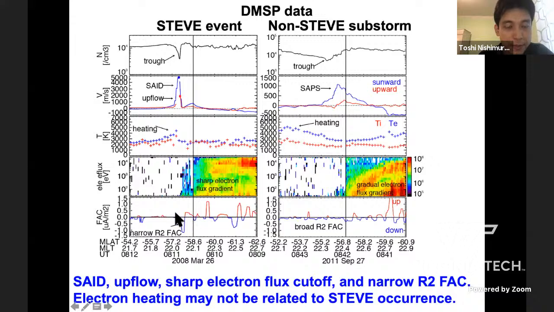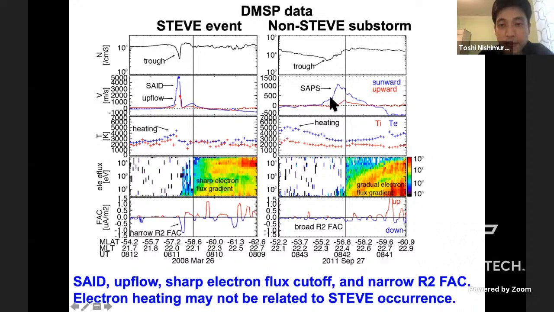For this particular event, there was a pretty narrowly enhanced downward Region 2 current going on. So that addresses the earlier field-aligned current question associated with SAID and STEVE. And that's much stronger and narrowly confined compared to the DMSP pass over the non-STEVE substorm event. And there is no precipitation at all.